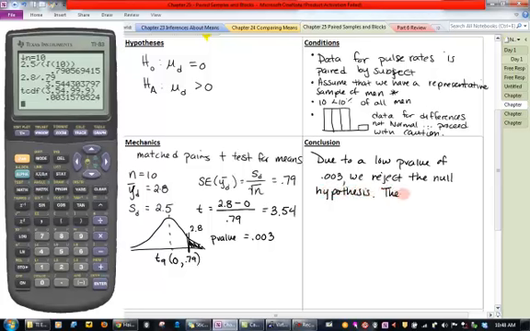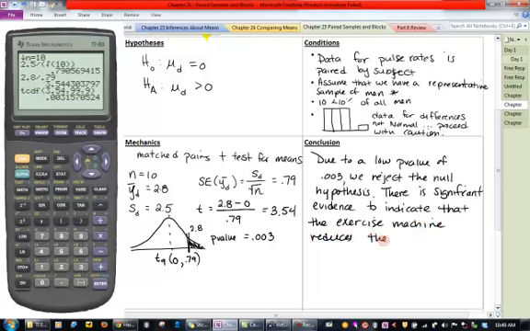There is significant evidence to indicate that the exercise machine reduces the resting pulse rate.